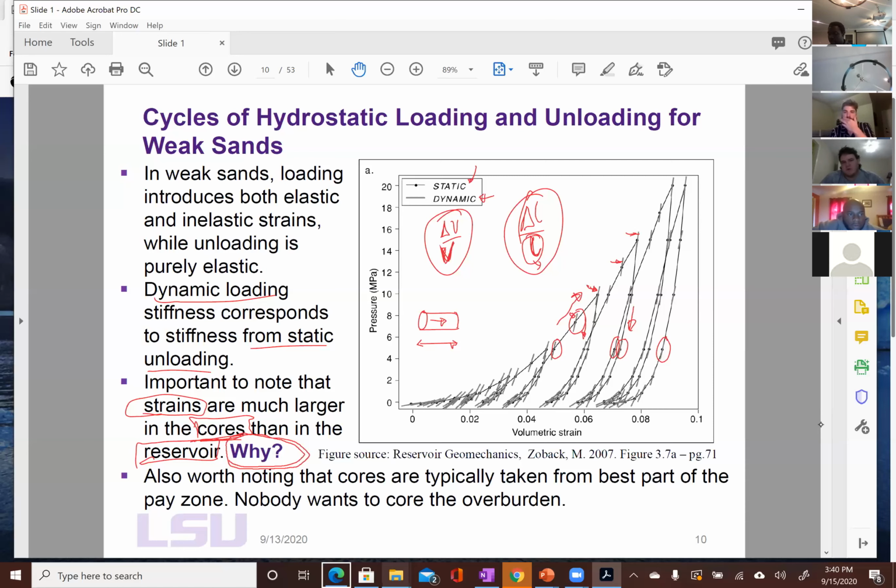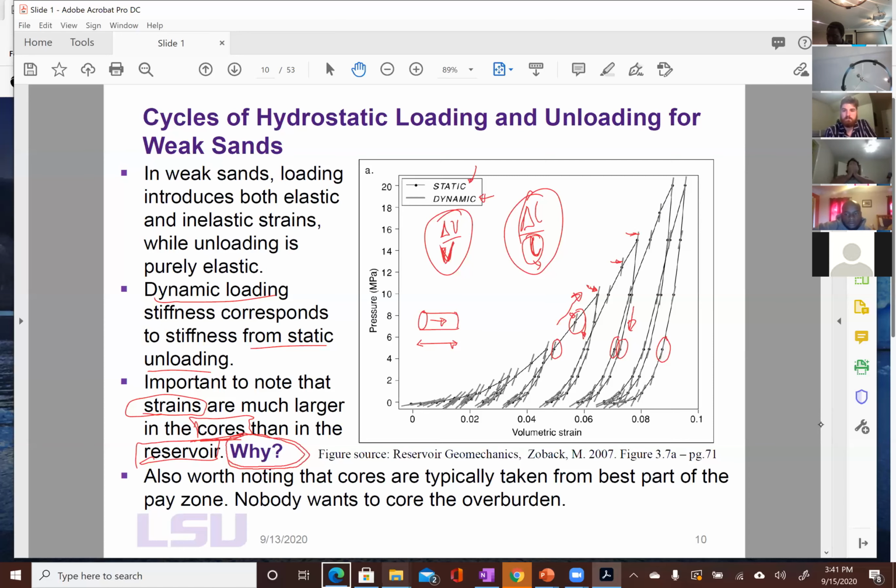Yes, but this is just a note that when you do your strain measurements in the lab and you're recording 10% deformation, 10% strain, don't expect to see that much in the reservoir. You see that much because of the stresses you're applying on it, which is much more than what you would get in the reservoir. But again, yes, it's a percentage.